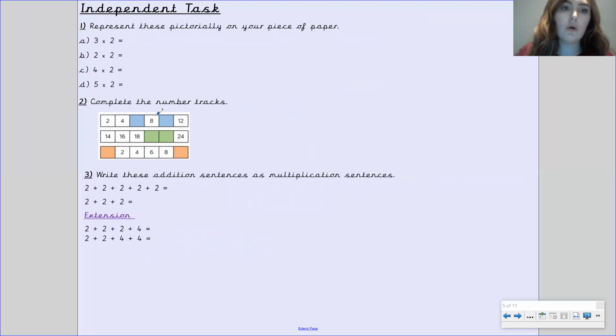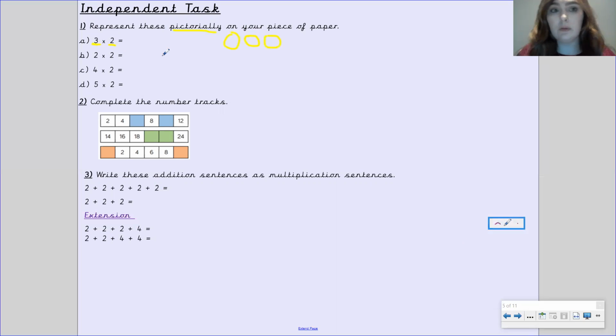Okay, so for your independent task, I want you to get a piece of paper and a pencil to answer these questions. Now you need to make sure you read the questions carefully. The first one says, represent these pictorially, which means you need to draw it out. So 3 times 2, you'd write 3 times 2. Now, that means there is the amount of groups, and that means that's how many in each group, so you would draw 1, 2, 3 circles, because that's how many groups there are.